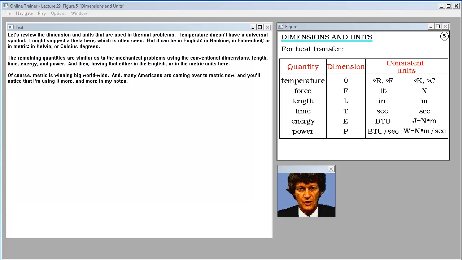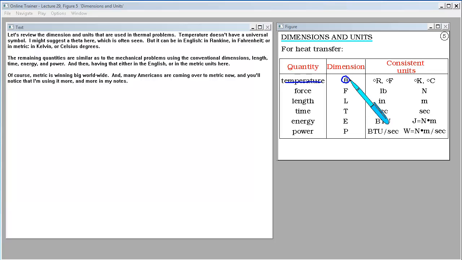Let's review the dimensions and units that are used in thermal problems. Temperature doesn't have a universal symbol. I might suggest a theta here, which is often seen. But it can be in English, in Rankine or Fahrenheit, or in metric in Kelvin or Celsius degrees.